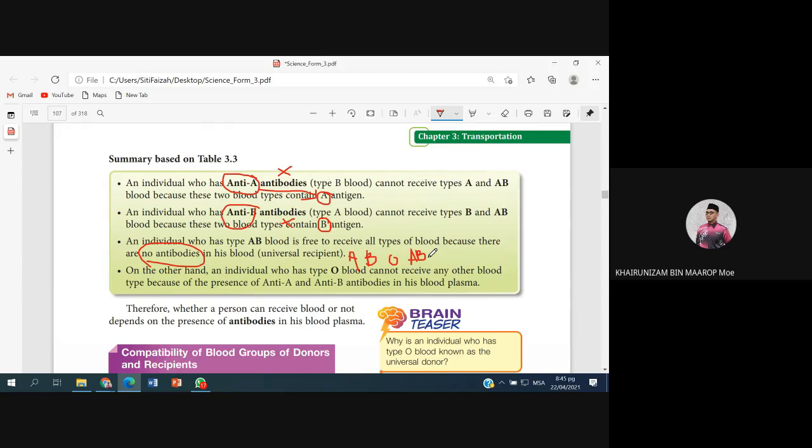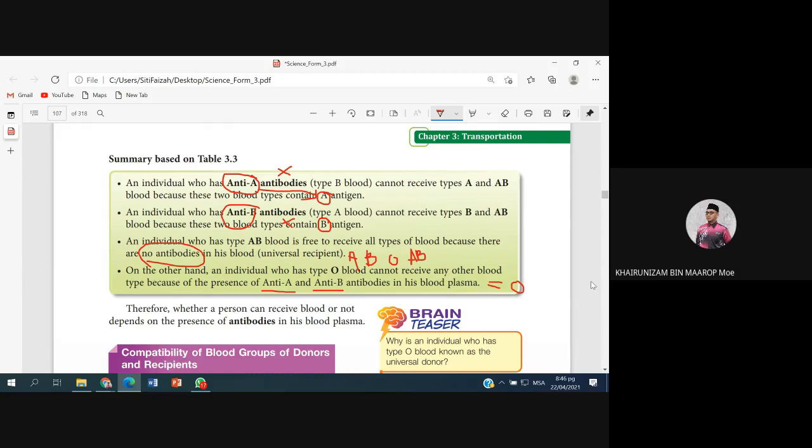But an individual who has type O blood cannot receive any other blood, because of the presence of anti-A and anti-B. Dia hanya boleh terima O sahaja.